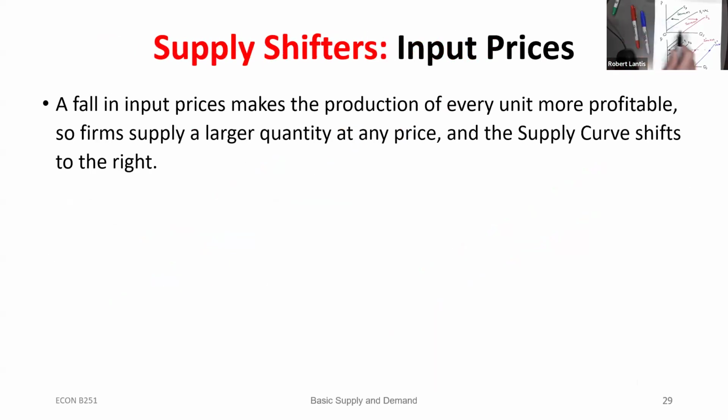So let's think about this first one. Let's say I've got input prices going up, right? If input prices are increasing, that means that to produce the same number of units, my costs are now higher. Just intuitively, if it's going to cost me more than it did before to produce something, so let's say all of a sudden I have to pay my workers more money because of a minimum wage.